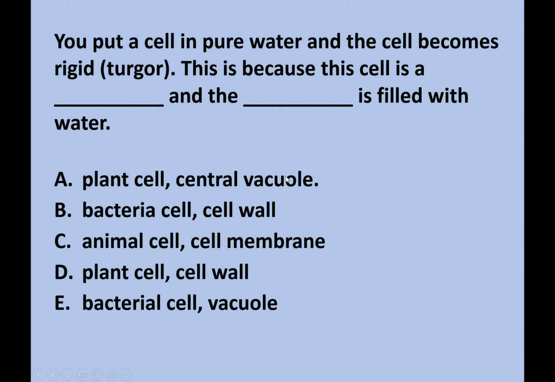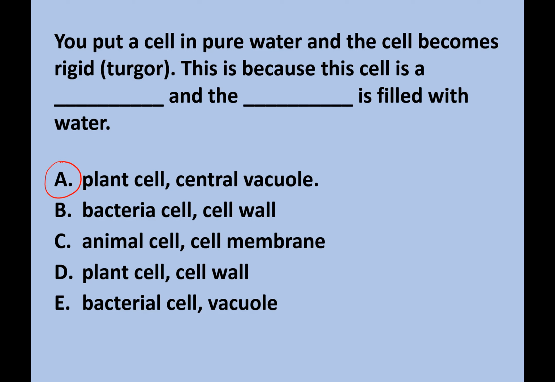Third question. You put a cell in pure water and the cell becomes rigid or shows turgor. This is because the cell is a blank and the blank is filled with water. So when you did this, hopefully you picked plant cell, and the central vacuole is filled with water. Okay.